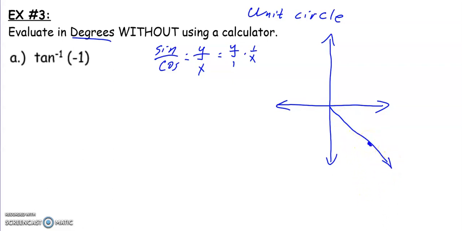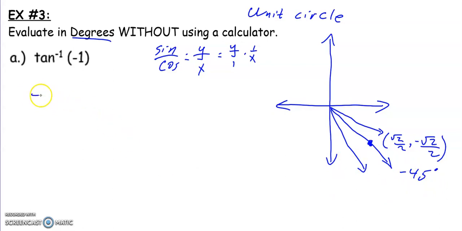And where are my values the same but opposite signs? That's going to be right here at radical 2 over 2 and negative radical 2 over 2. And that happens at my second line of the group, which you'll remember we count 30, 45, 60, 90. So this is going to be negative 45 degrees because we are going clockwise.